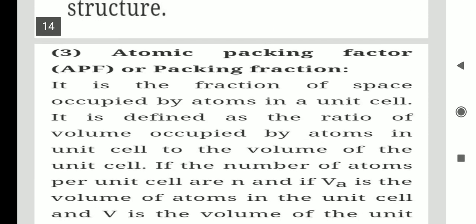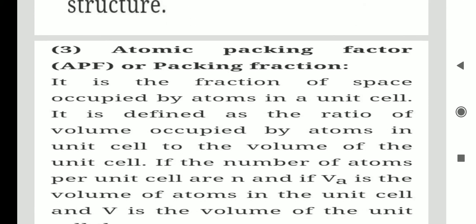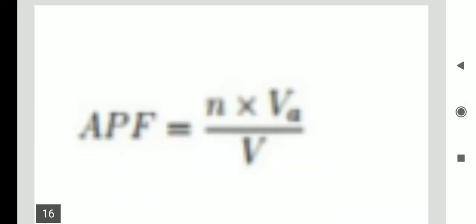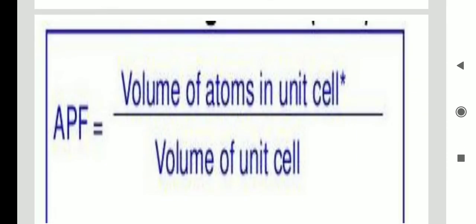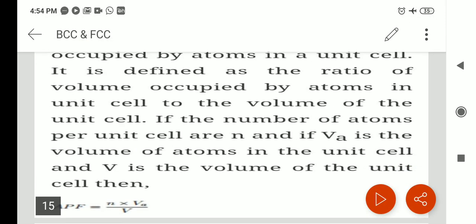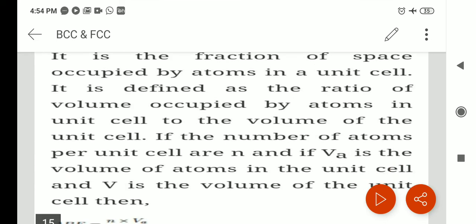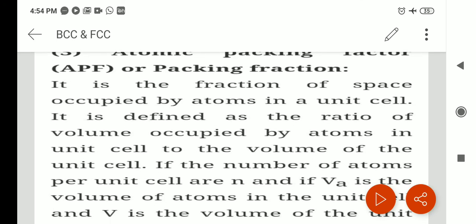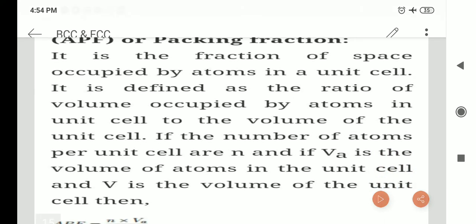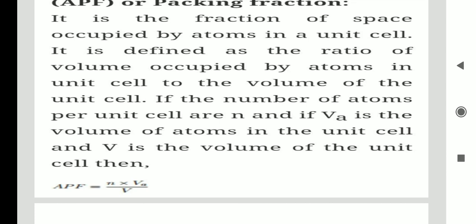The other one is atomic packing factor, or packing fraction. It is a simple definition. APF is nothing but the ratio of the volume of atoms in a unit cell to the volume of the unit cell. The definition: atomic packing factor is the fraction of space occupied by atoms in a unit cell.